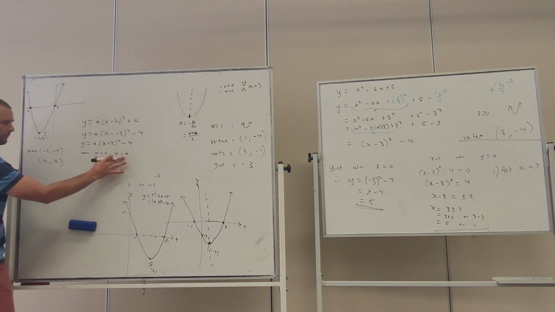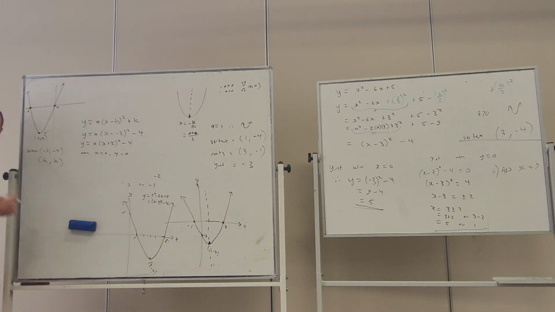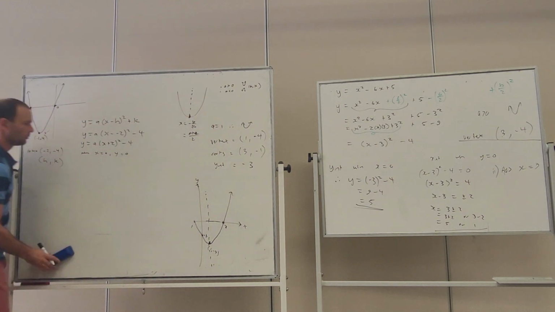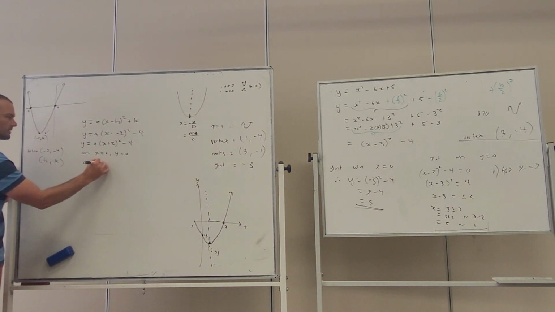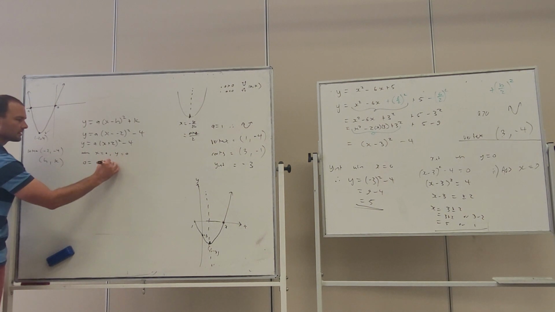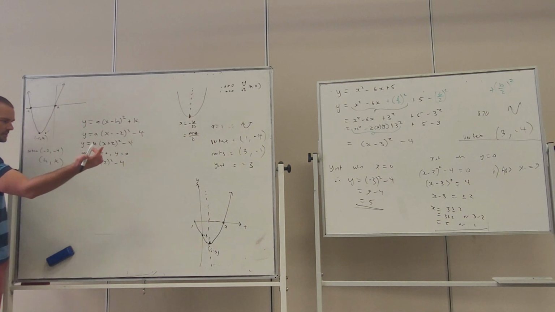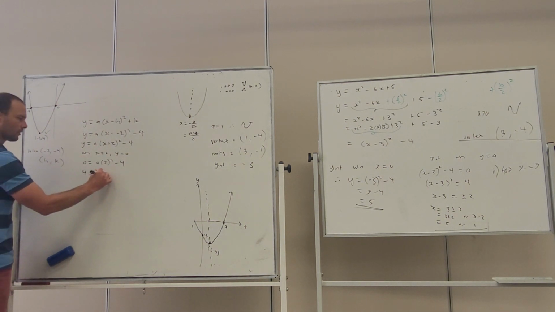And so I'm going to put both of those into this equation to determine the value of a. So we'll put in 0 where the y is, 0 where the x is. Alright, to solve this, we're going to add 4 to both sides. So we'll have 4 equals 4a, a is 1.